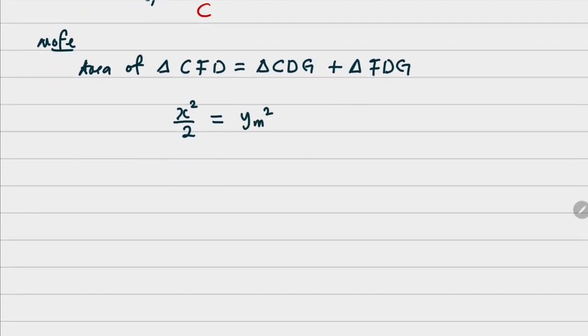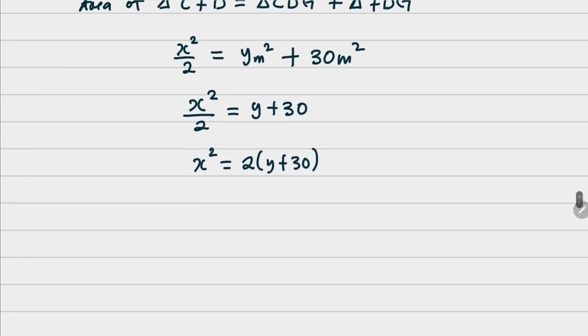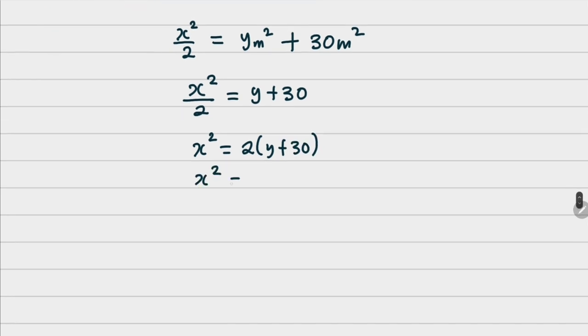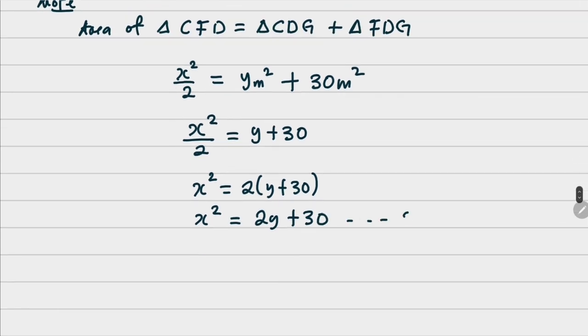Then area of triangle FDG, of course, is going to be 30 meters squared. So at the end of the day, we are going to have x squared over 2 equals y plus 30. Cross multiplying, x squared is going to be 2 times (y plus 30). So we are going to have x squared equals 2y plus 60. Okay, this should be my equation 2.